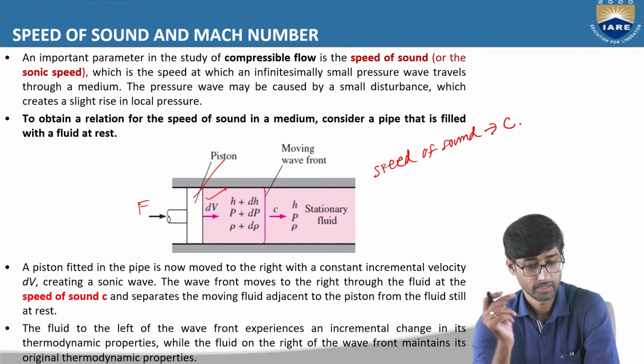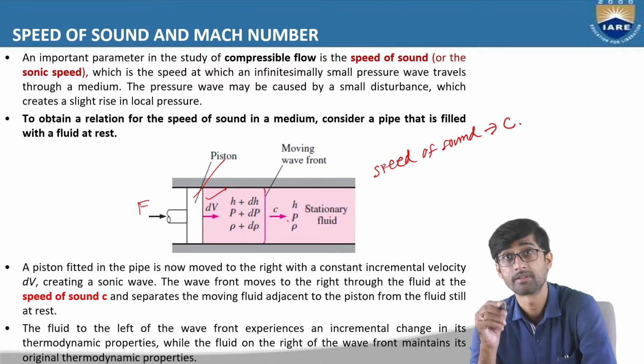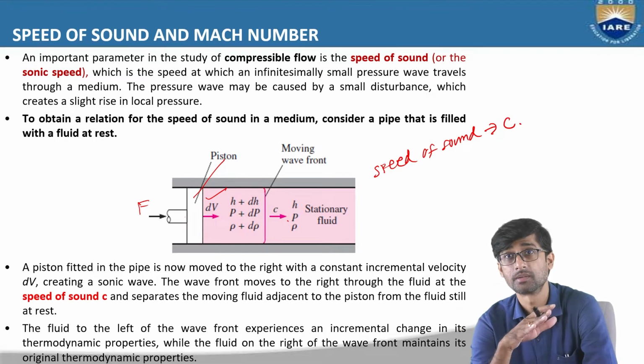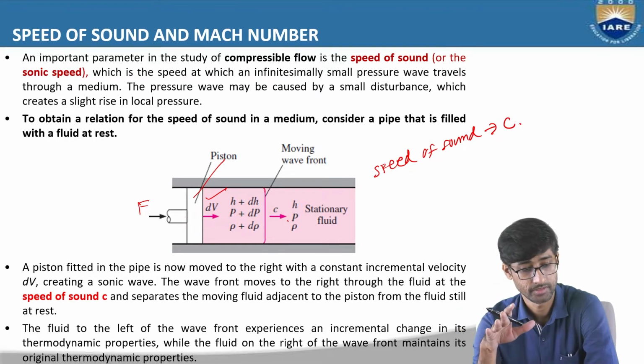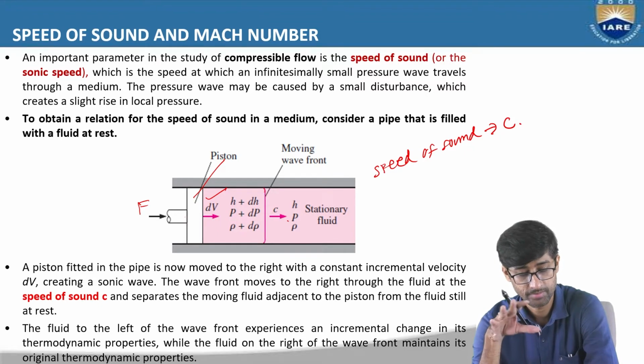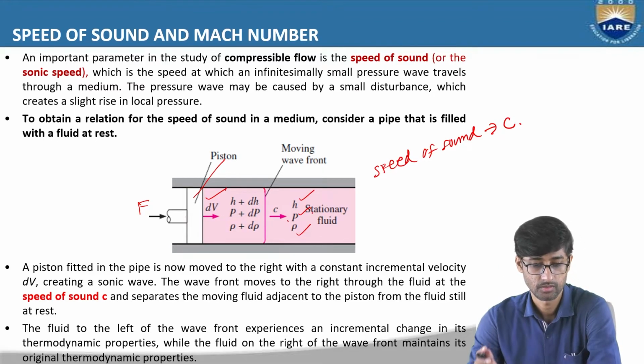The fluid to the left of the wave front experiences an increment in its thermodynamic properties, while the fluid on the right of the wave front maintains its original thermodynamic properties. Let us consider the properties of the fluid on the left side: enthalpy H, pressure P, and density rho.